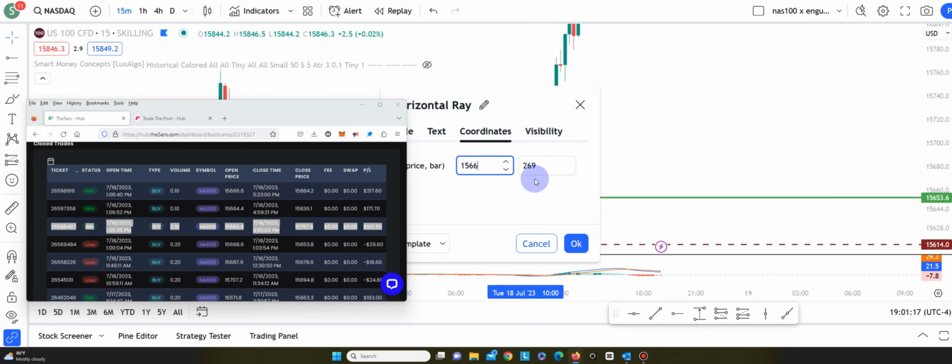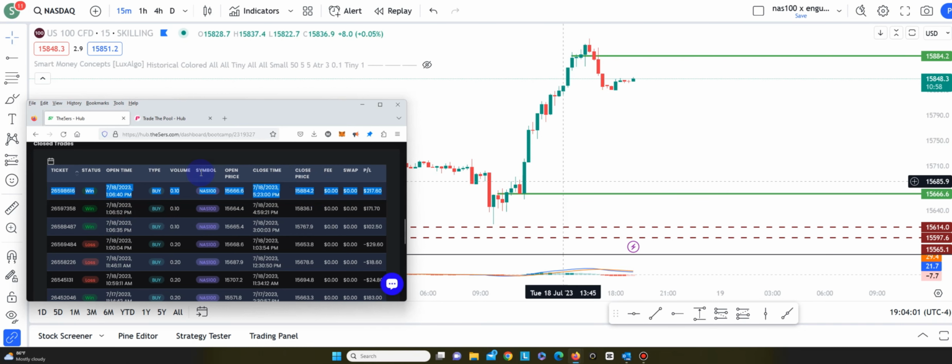On this position, you see I entered within seconds. If I could have done it faster, it would have been better. But this trade, I closed it at 15,884.2 for a total profit of 217.60. So these were nice, clean trades.